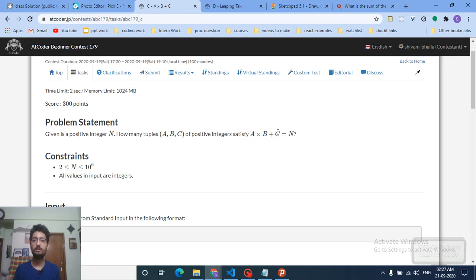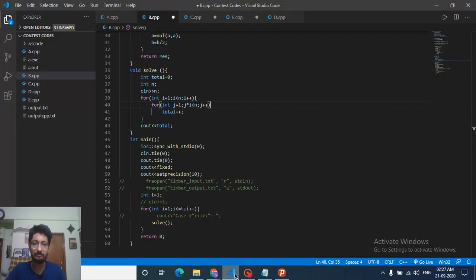So as A increases, B's range decreases, and the total of A into B is always up to 10 to the power 6. I hope you understand this point. Okay, so the number of iterations you do will not exceed 10 to the power 6. That's the easy way to go over this question. I'll take it on to the code part to make it even more clear.